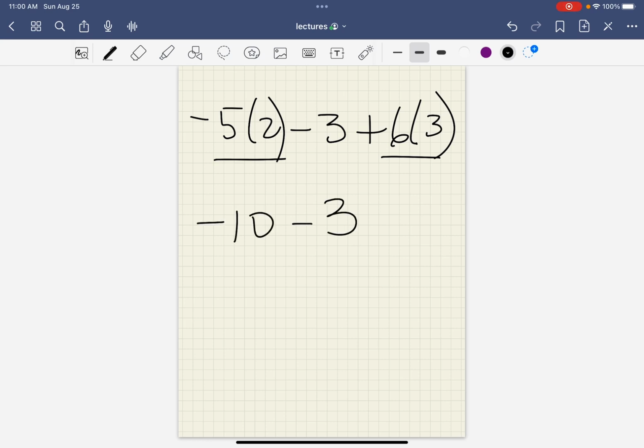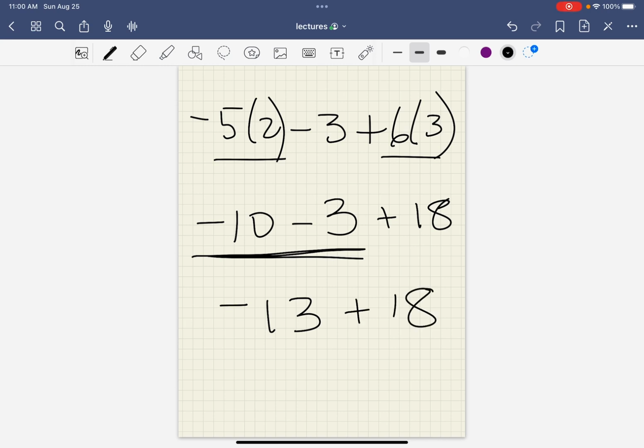And then 6 times 3 is 18. Okay, well this is nice because the two negatives are already together. So negative 10 minus 3, it's like signs. So we add, keep the sign, negative 13. And now we have unlike signs, so we subtract. 18 minus 13 is 5, and we keep the sign on the larger number. So that remains positive.